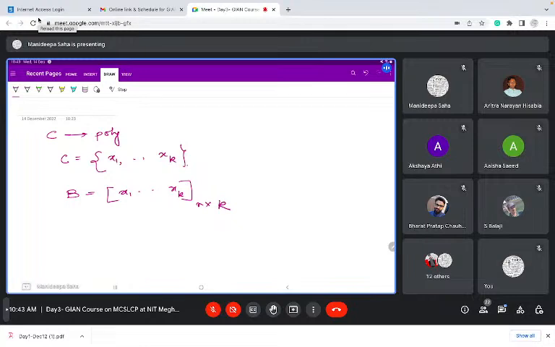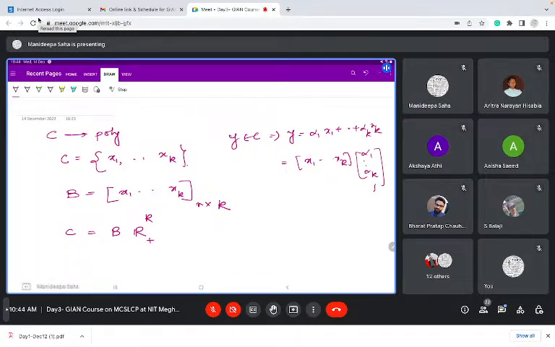Then definitely I can write C as B times R^k plus, because if I take any element y in C, I can write it as a non-negative linear combination alpha 1 x1 plus up to alpha k xk, which is equivalent to the matrix B times the vector alpha 1, alpha 2, up to alpha k.